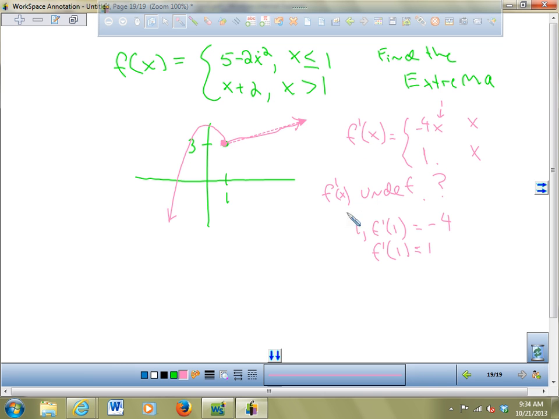Since the slope changes abruptly from m equals negative 4 to m equals 1, the derivative is undefined there. And so I could have an extrema there.